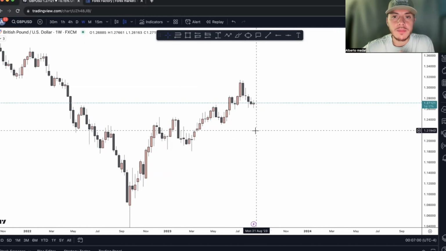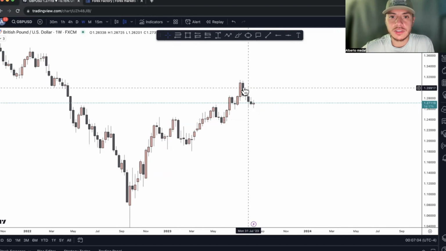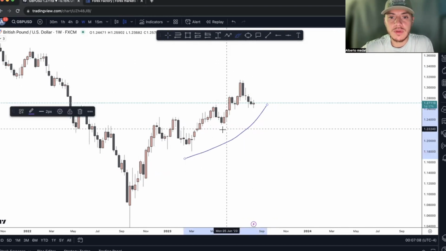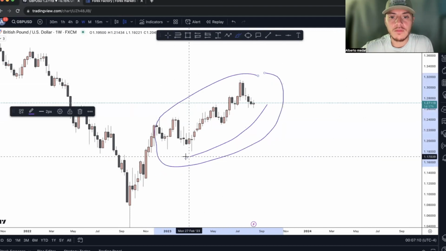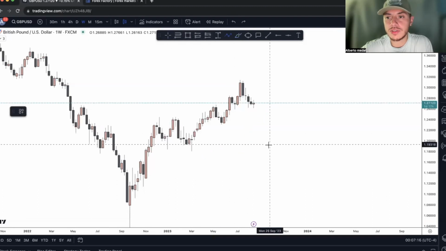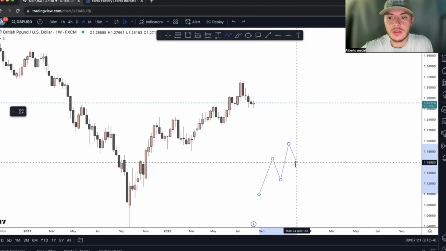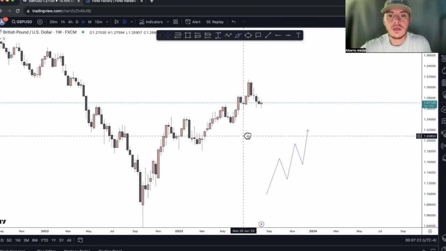Looking at the weekly time frame, I'm paying attention to what the market structure is, right? Because we can see that overall we've been going up, I'm reading the market structure for a bullish trend. So I'm looking for higher highs, higher lows, higher highs, higher lows, right?